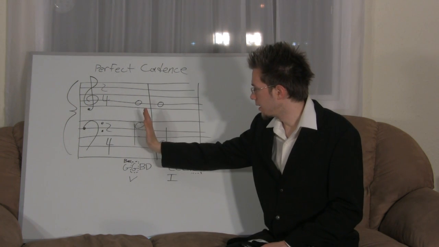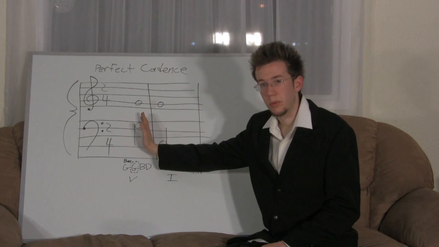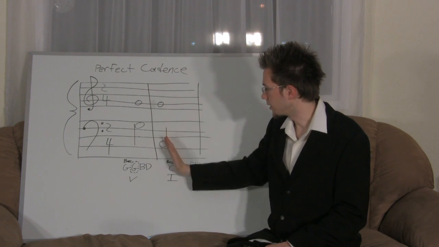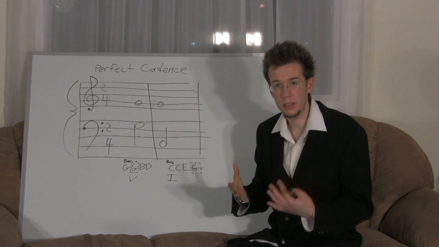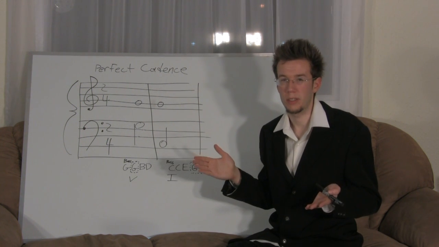So basically, the first chord happens right before the bar, and then the last chord happens at the very start of the next bar on the strong beat, and it goes till the end of the bar generally.